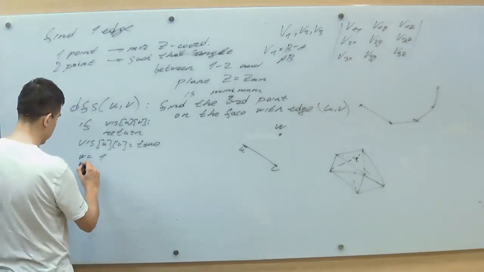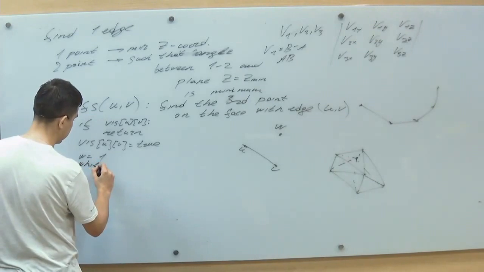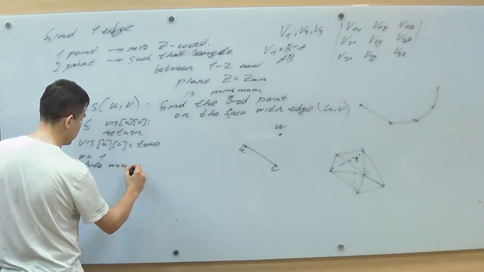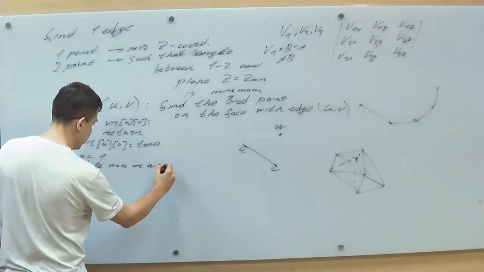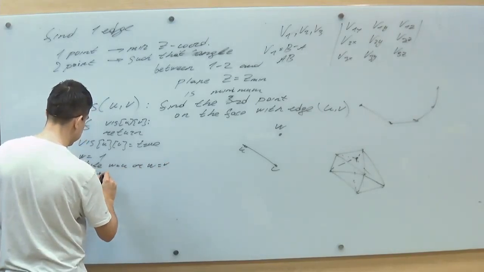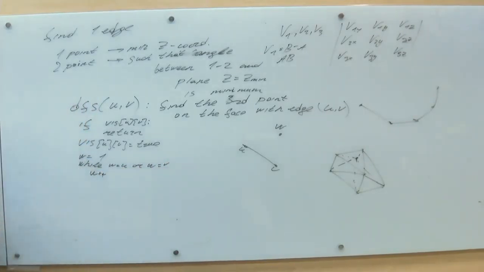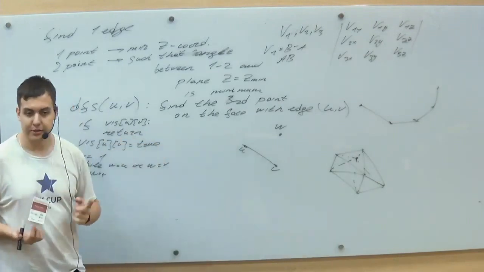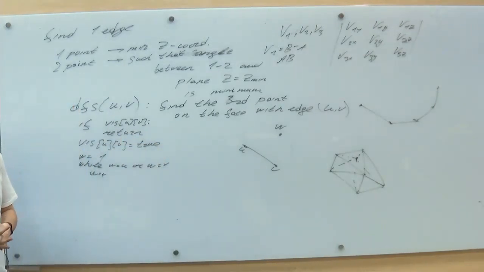So, well, while W is U or W is V, W plus plus. Right, so I find the first index that's not U or V. Okay, so this is my first candidate for the third point in the same face of the convex hull. Well, let's try all the other points.